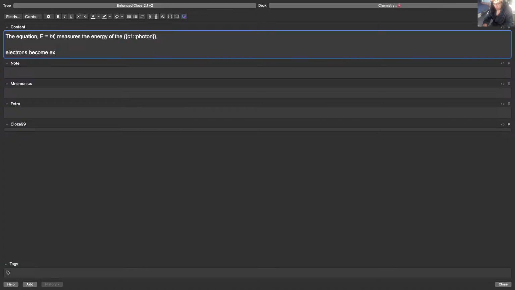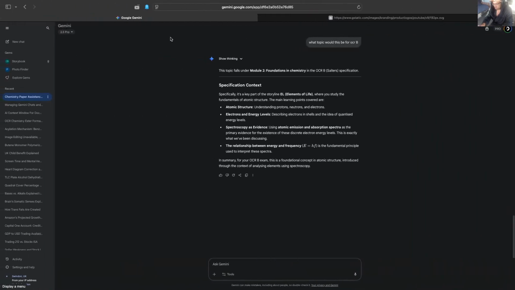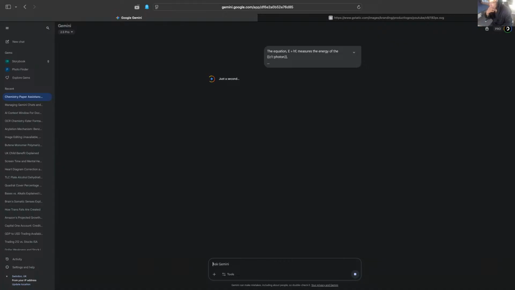Electrons become excited by absorbing quantized energy. See, can I just stop getting the flipping?